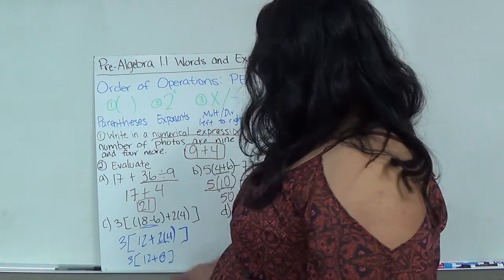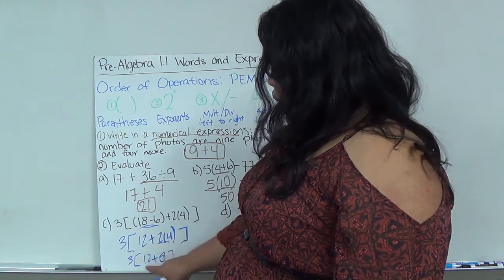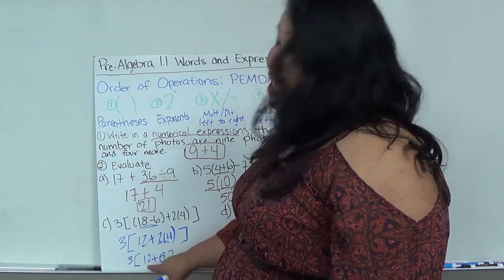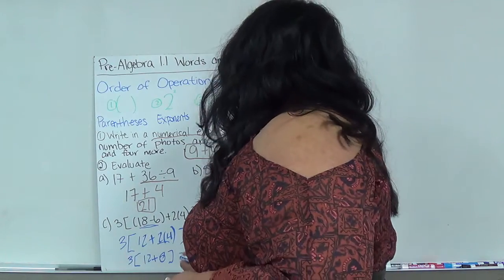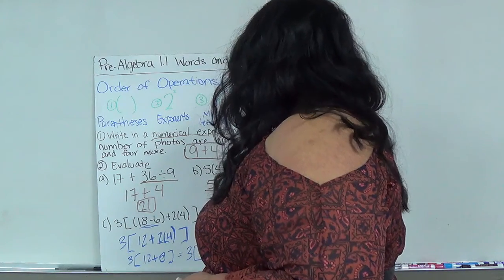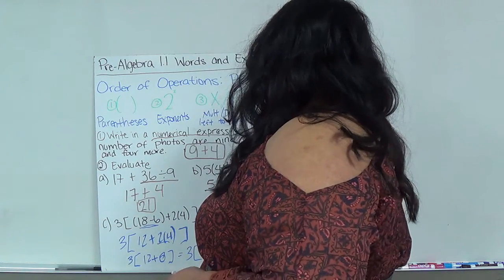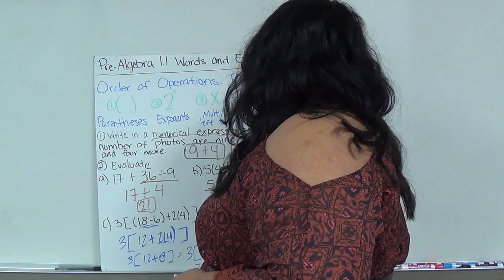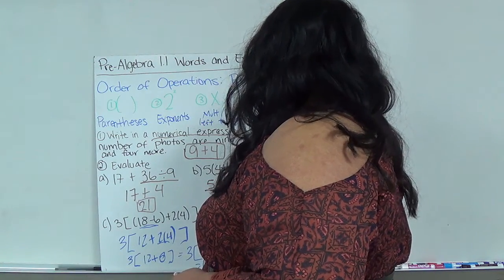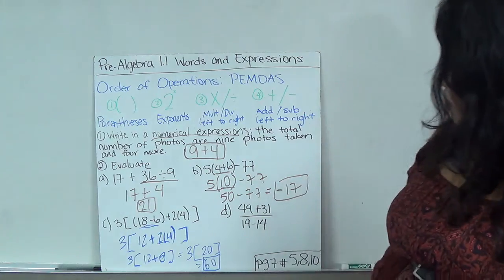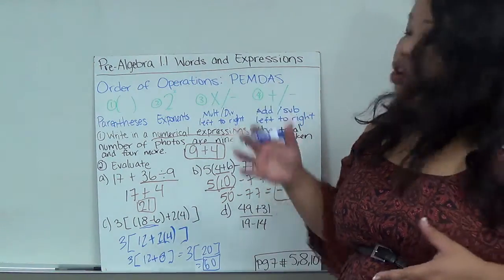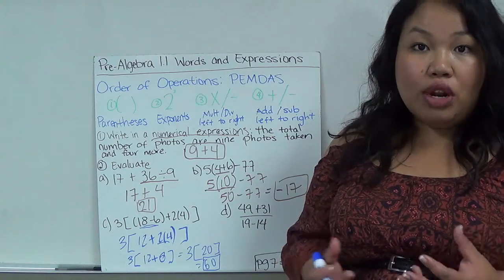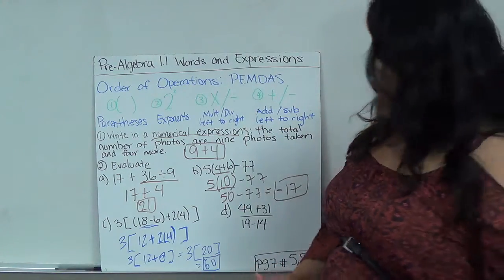Even though this is saying to multiply because it's right next to it, we're still working in this parentheses, and we're going to keep going until the parentheses goes away. So 12 plus 8 is 20. And then now we can multiply, which gives us 60. So for every parentheses, you're going to want to do the order of operations. And once you get rid of the parentheses, then you can move on to the outside.